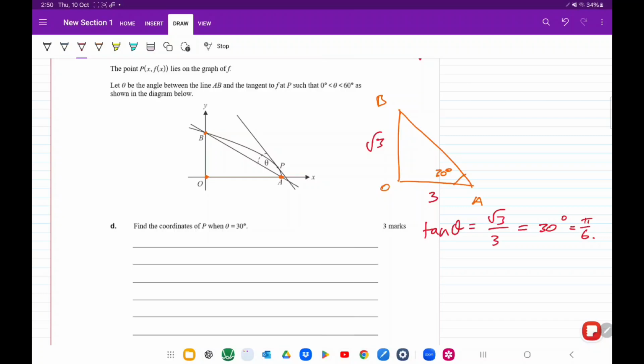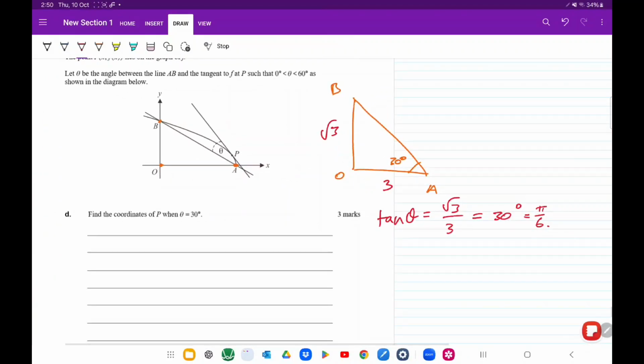Now, from this point, what we need to do is work out that if this is 30 degrees, on the other side, the remainder will be 150 degrees. Wherever it goes to will be 150 degrees because it's a straight angle.